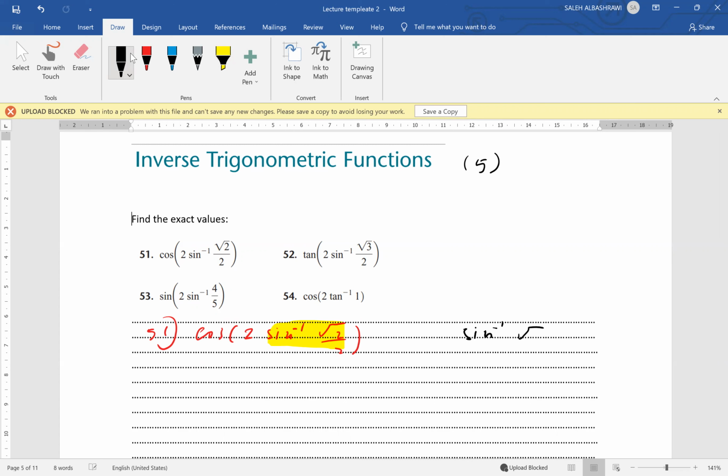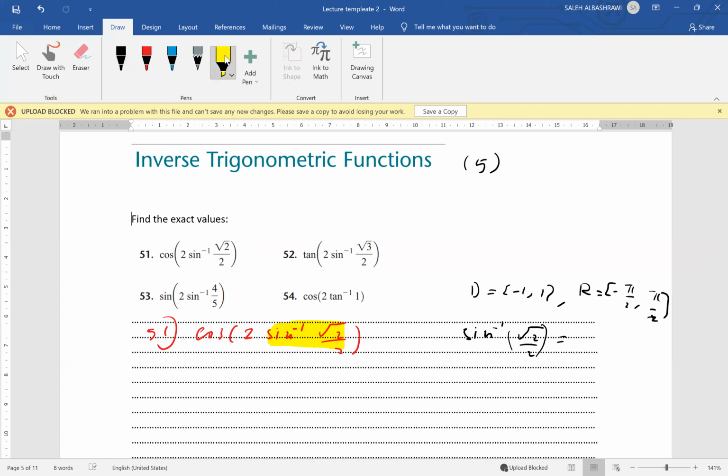Since we have a positive value, this will be in the first quadrant, or it will be less than pi over 2, because the domain of sine inverse is between -1 and 1, and the range is minus pi over 2 to pi over 2.